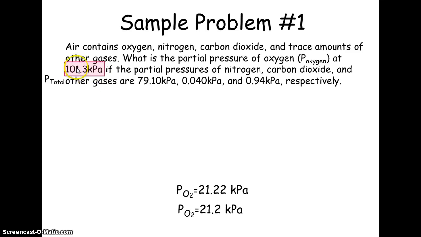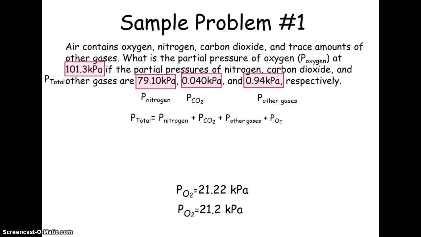Pressure 1, the pressure of nitrogen, is going to be 79.1. The pressure of carbon dioxide is going to be 0.040. And the pressure of all the other gases is going to be 0.94. All of them measured in kilopascals. So we know that pressure total is going to be the pressure of nitrogen plus carbon dioxide plus the other gases plus the pressure of oxygen.